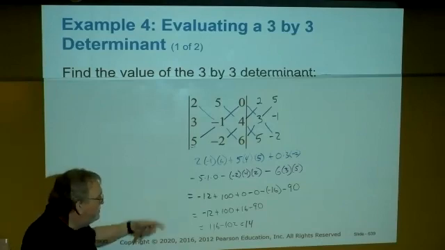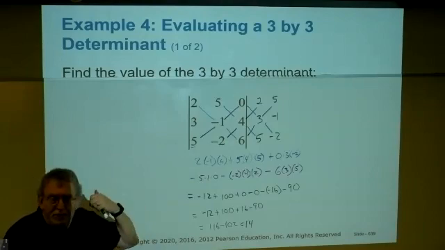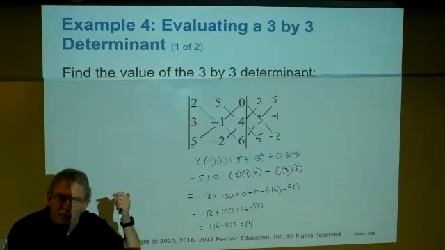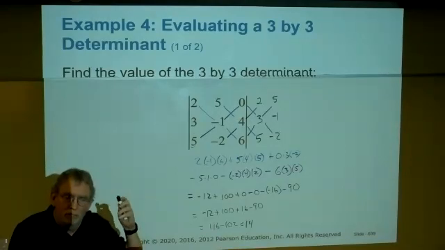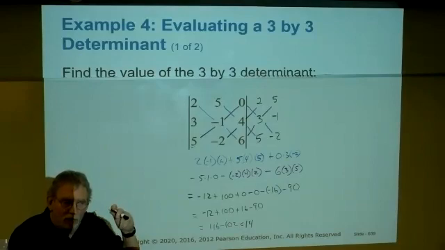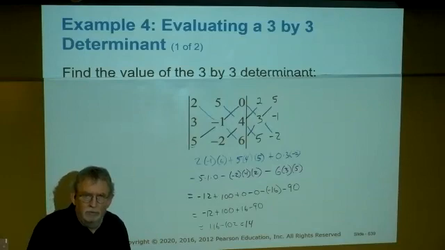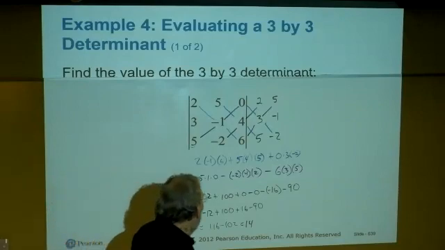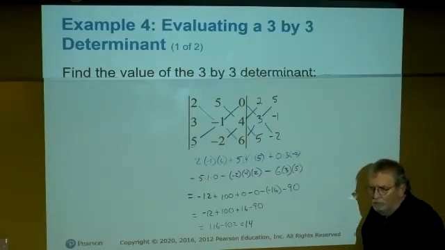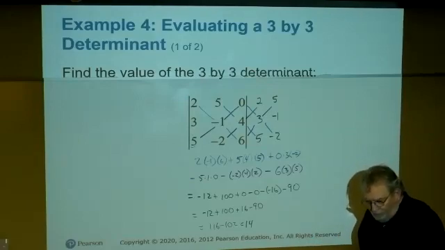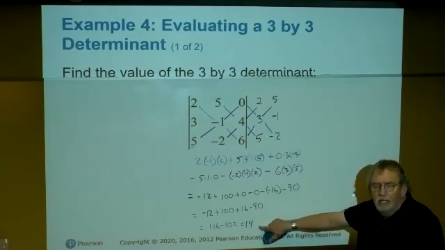Some people prefer this method. I prefer this method. Some people prefer Cramer's rule method. Or not Cramer's rule, but the minors, using the minors. You end up using this in Cramer's rule, because this is the determinant I would use in Cramer's rule.